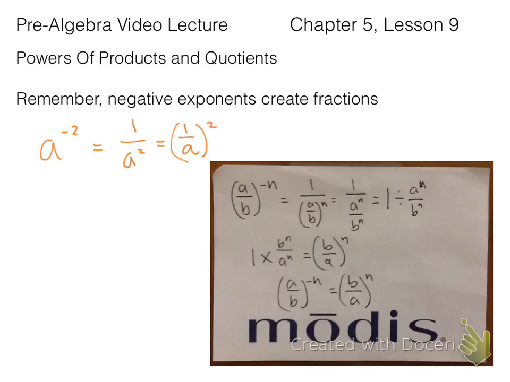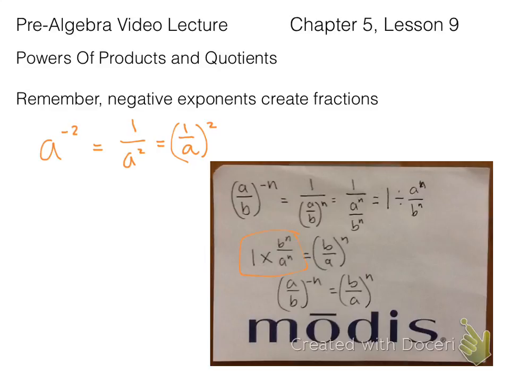Now, how do I divide fractions? Well, this is just 1 divided by a to the nth over b to the nth. Now, because I'm dividing, I need to multiply by the reciprocal. The reciprocal of a to the nth over b to the nth is b to the nth over a to the nth. I'm right here if you're having trouble following along.